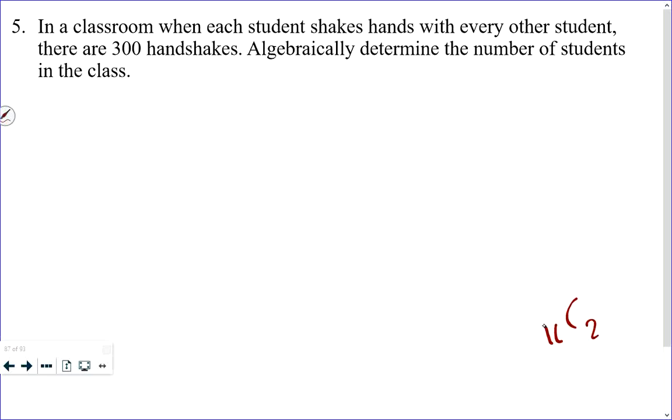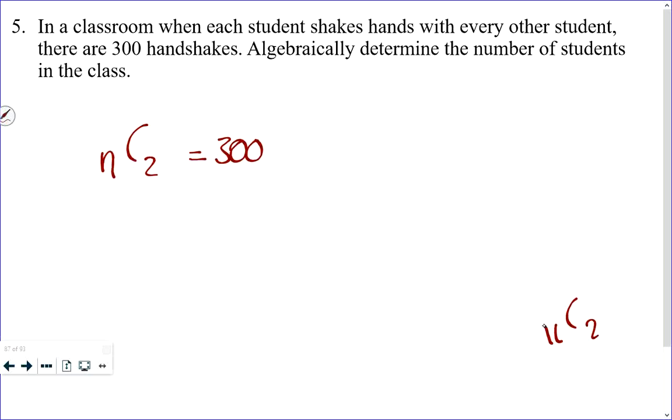So what this question is really saying is, n choose 2 equals 300, and solve it algebraically, which is a classic written response question on a diploma exam. I see it very often.